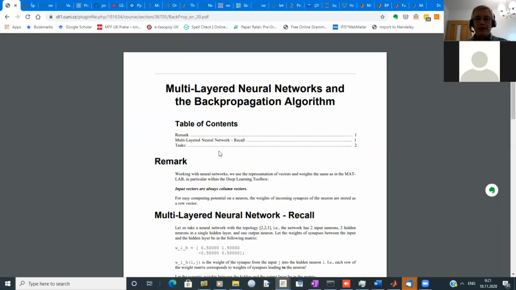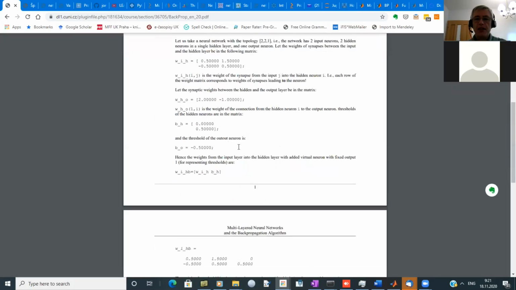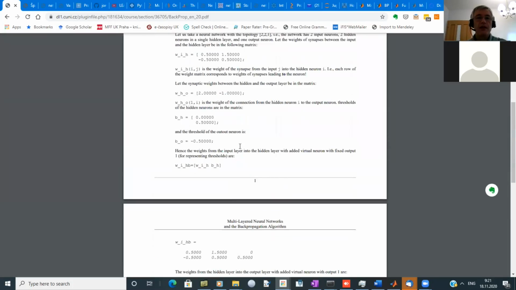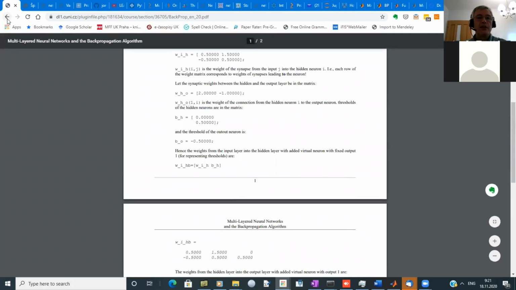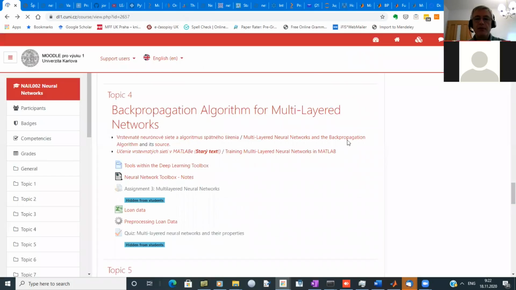This text describes an exercise in which we will compute the output of such a network and then apply the training algorithm, the backpropagation algorithm. As you can see, this was generated from Matlab, so you can directly open it in Matlab when you download this source code.